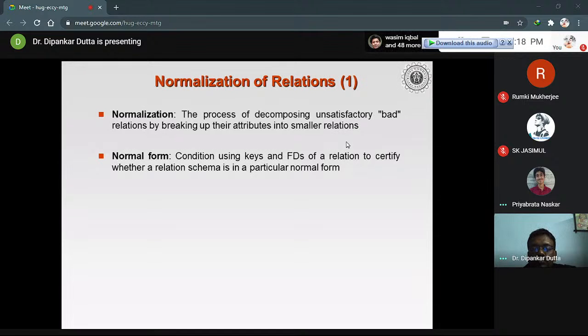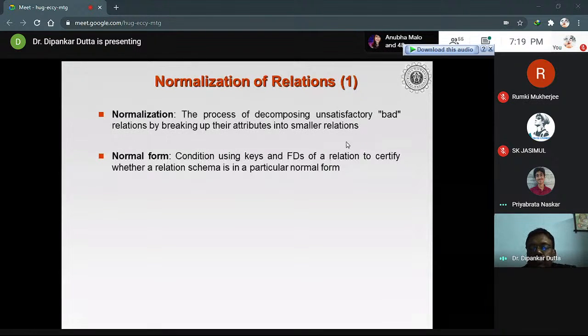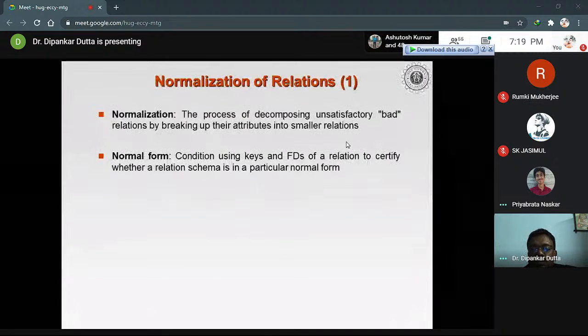Suppose there is a badly designed relation or table, meaning the attributes that we have put into a table should not be in a single table. That is a bad design. Then we have to break that relation into smaller relations.